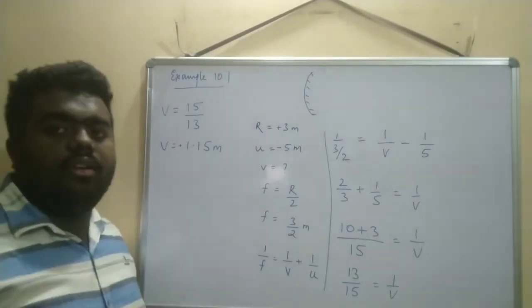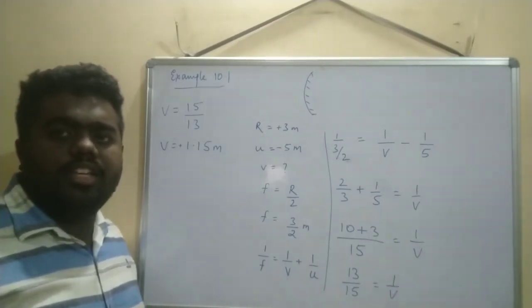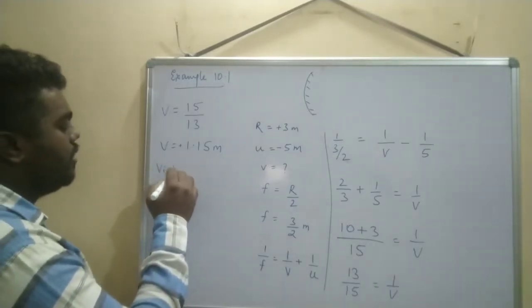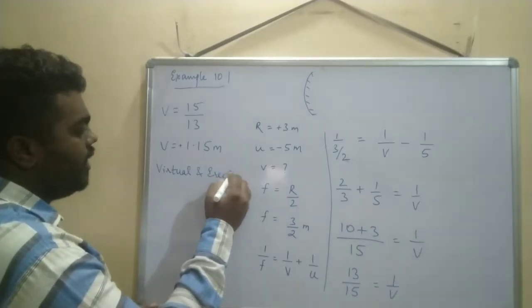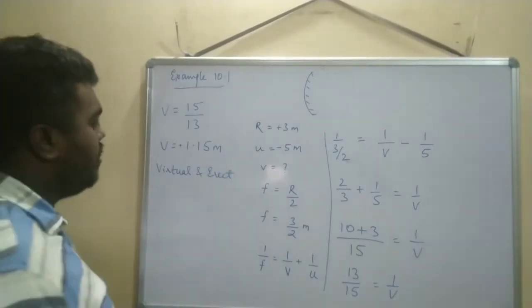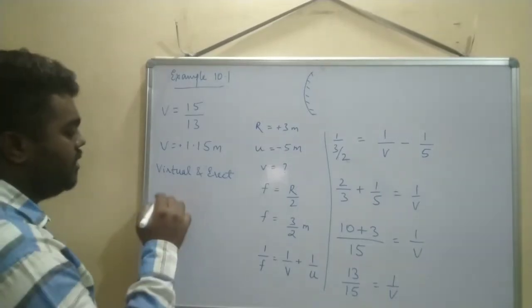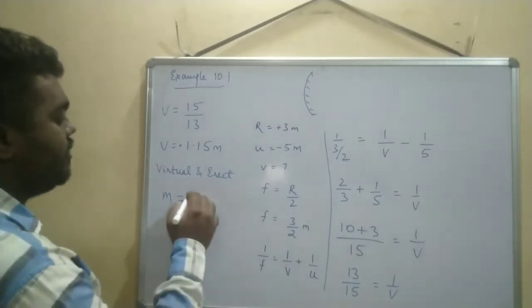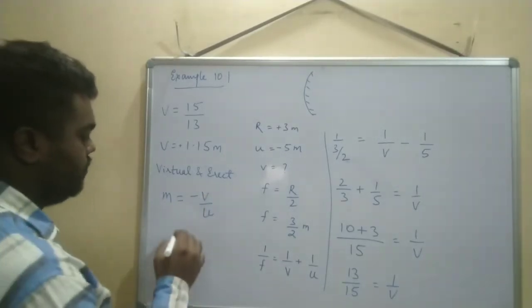Okay, now question says position of image. So we have got the position of image. Next, nature of the image is virtual and erect, as we have discussed. Now size of the image. Size of the image is known by magnification, denoted by small m, and the formula is minus v by u.